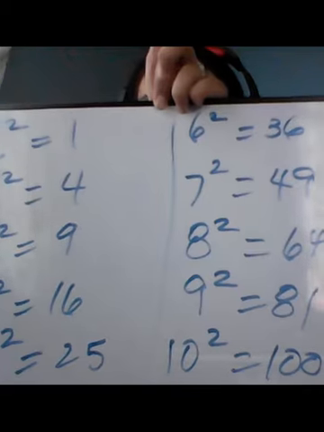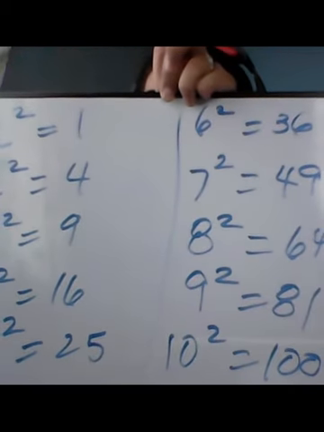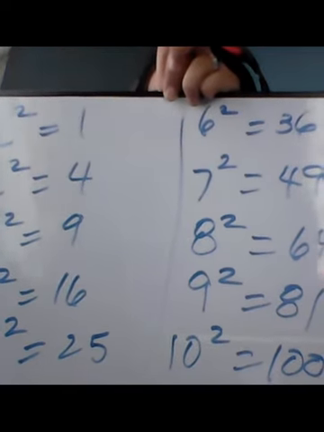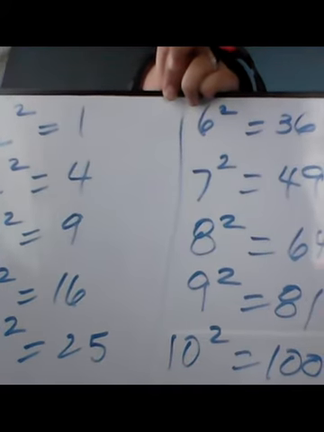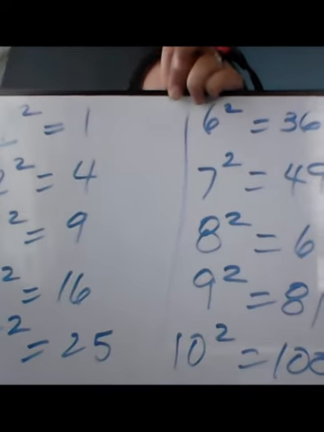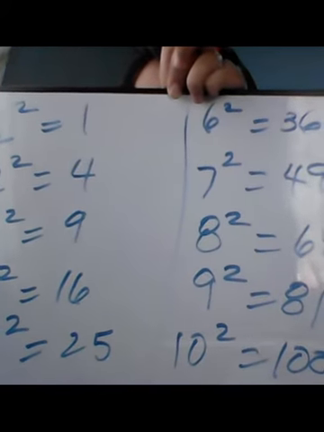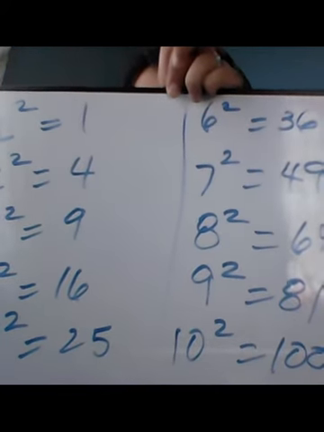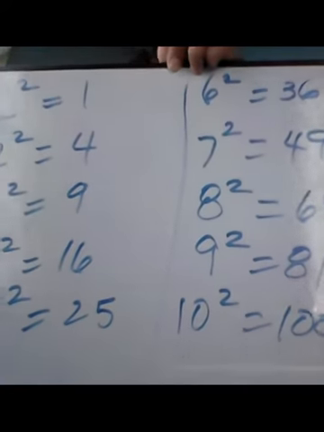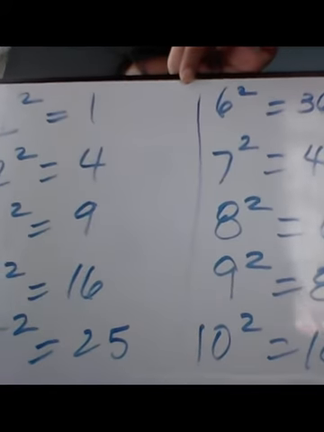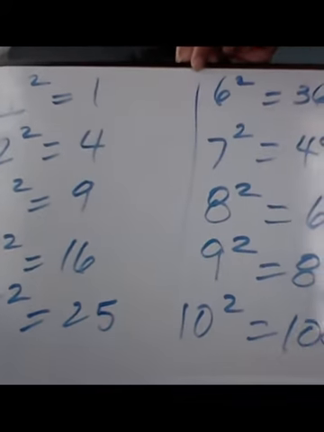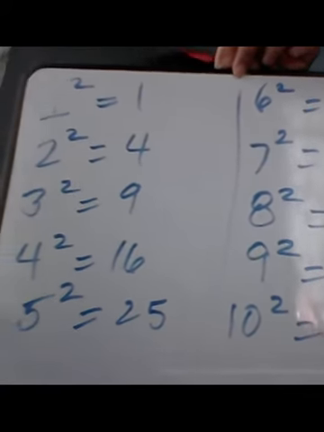The square root of 49 is 7. And 8 squared equals 64. So the square root of 64 is 8. Then we have 9 squared equals 81. So therefore the square root of 81 is 9. And lastly, we have 10 squared equals 100. So the square root of 100 is 10.